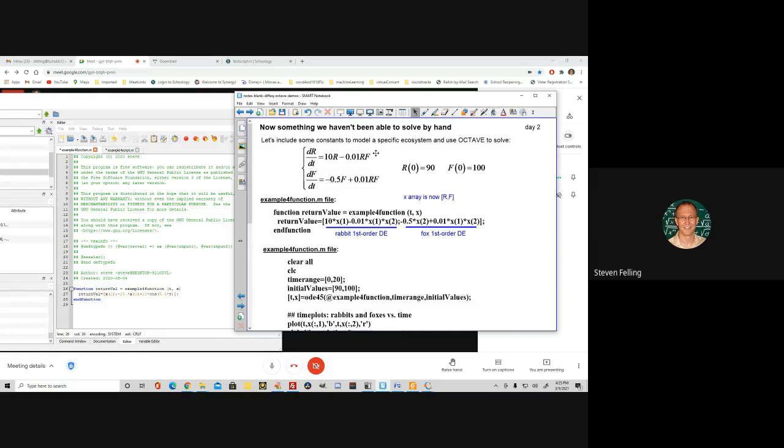Now it's an array of one variable and the other variable. So let's use the first column to represent the rabbits differential equation, and the second one, f, to represent the foxes. So r is the first value, f is the second value. And I could still call this t. It's time, everything's over time, and this x variable here is an array for rabbits and foxes together.